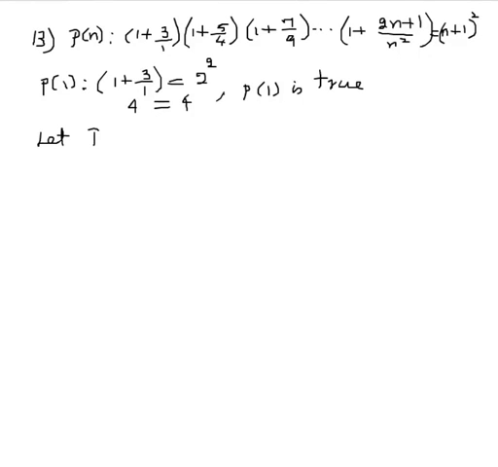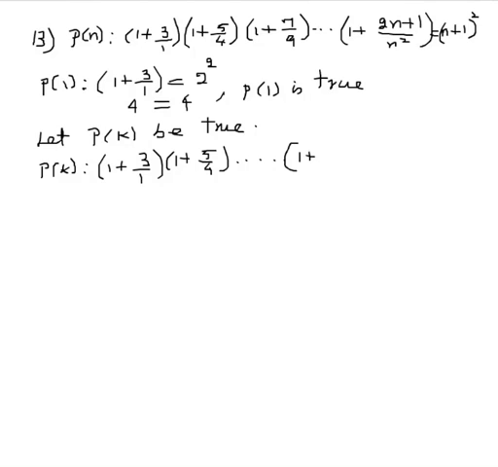Next, let P of k be true and write P of k statement. 1 plus 3 by 1, here we have product of k terms. 1 plus 5 by 4 into kth term I am writing 1 plus 2k plus 1 by k square, and this product is equal to k plus 1 the whole square.